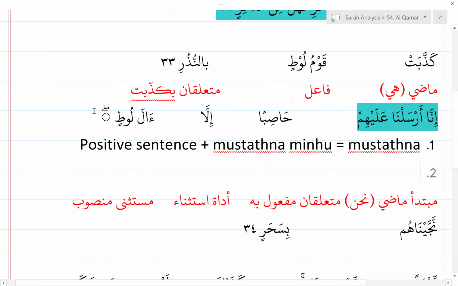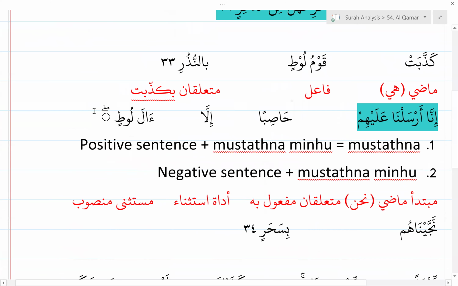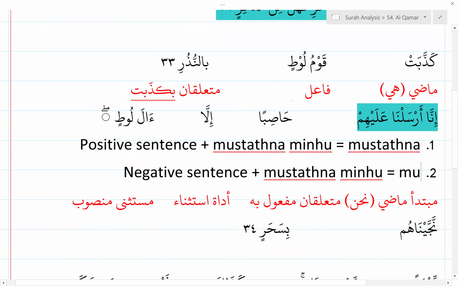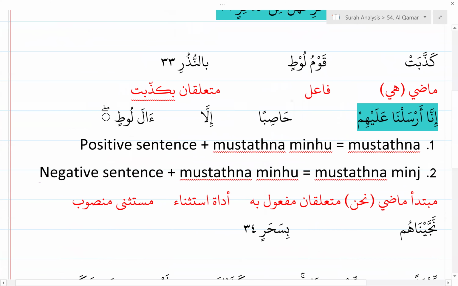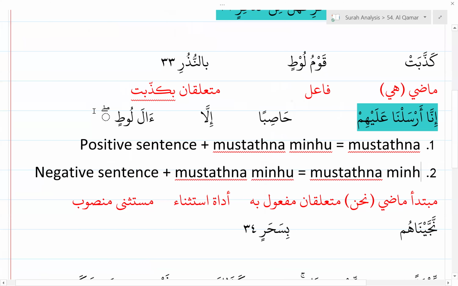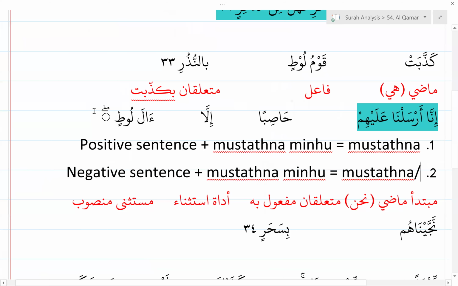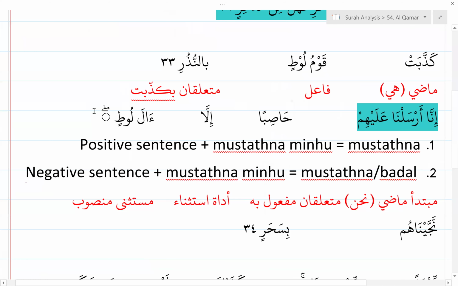Okay. Then number two, you have a negative sentence plus mustathna minhu is mentioned. What do you have? You have two cases here. Either it's going to be mustathna like the first case, or it's going to be the badal of the mustathna minhu. So if the mustathna minhu, for example, came in the sentence in rafa form, then whatever comes after illa could also come as a rafa form.